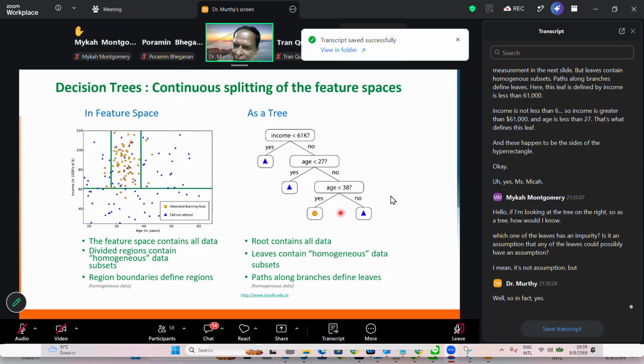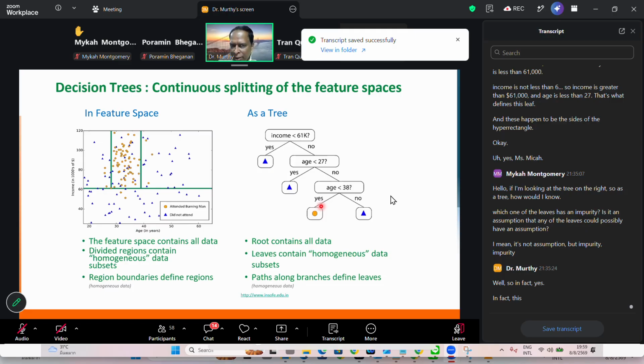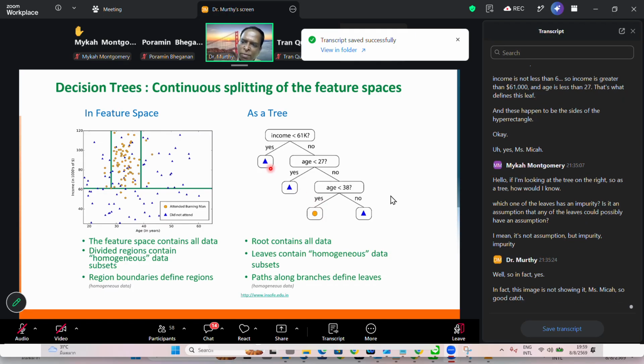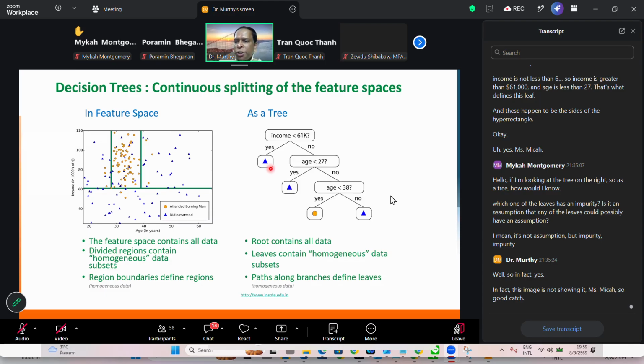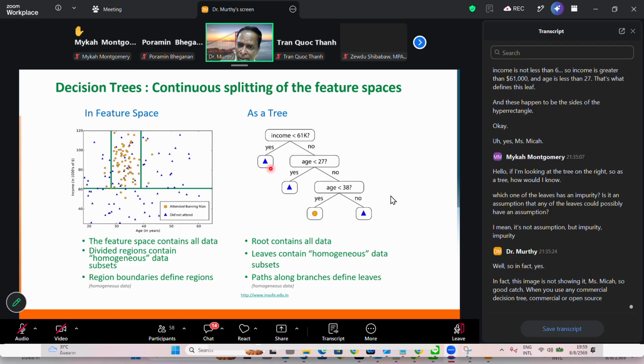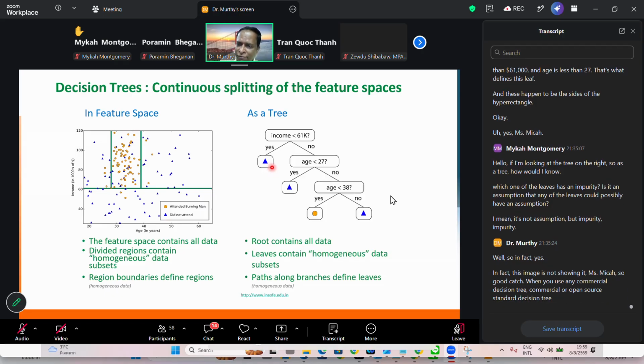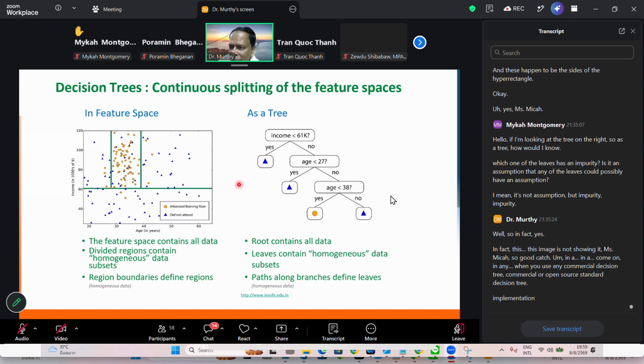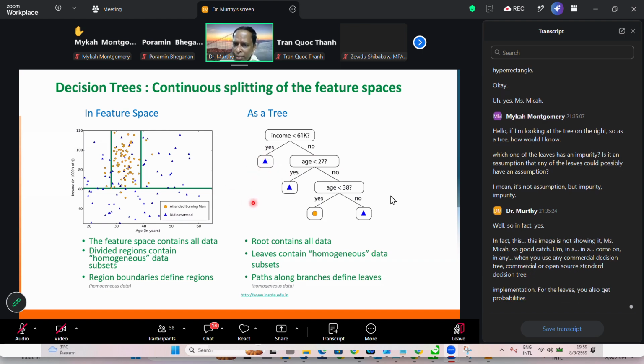In fact, this image is not showing it, Miss Micah. So good catch. When you use any commercial or open source standard decision tree implementation, for the leaves, you also get probabilities or counts of examples.